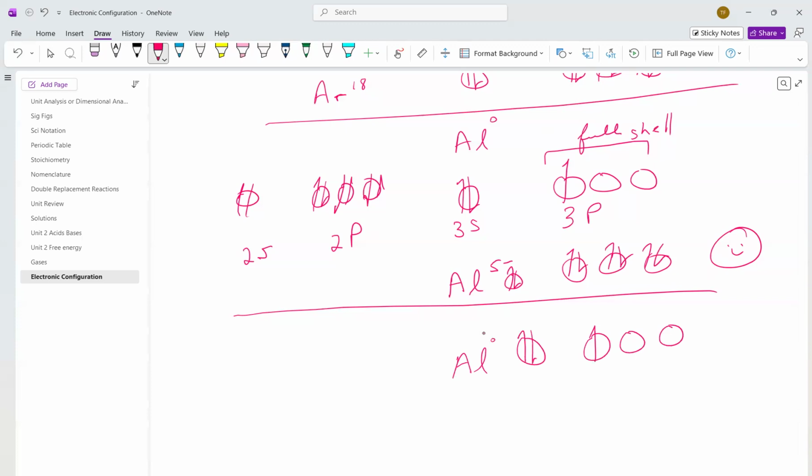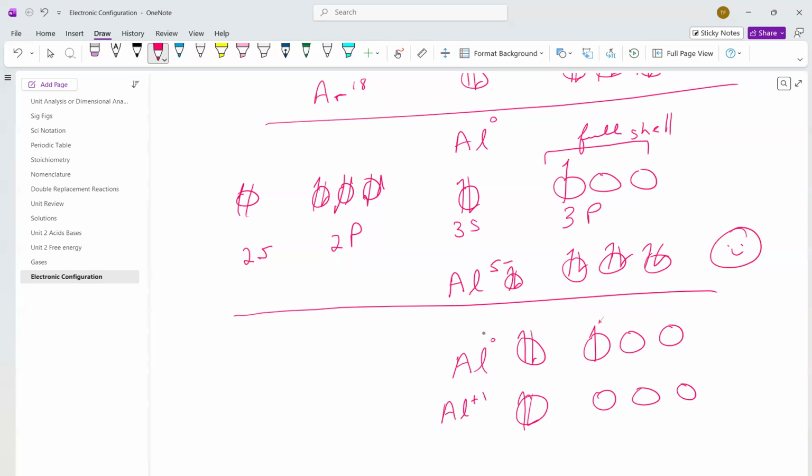What can we do to make that a full shell? One way is to add 5 electrons. What's another way? Take away one. You take away 1, that gives us a full subshell. We can take this one out, leaves us with this. So that's Al plus 1.